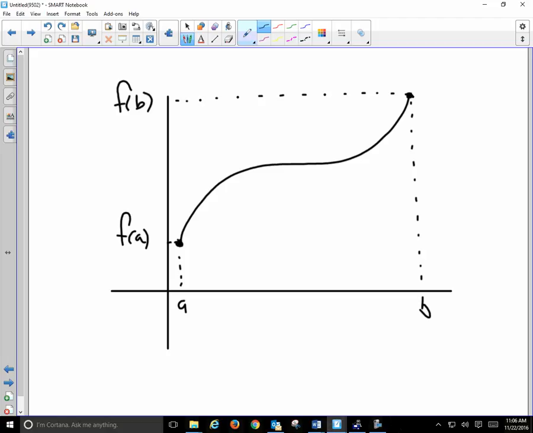So Darren said that if you look at this, the average rate of change can be expressed by the slope, f(b) minus f(a) over b minus a. What the mean value theorem basically says is there's a c value somewhere inside (a, b) such that when I take the derivative of the function at that spot, its slope will match the slope of the mean value.